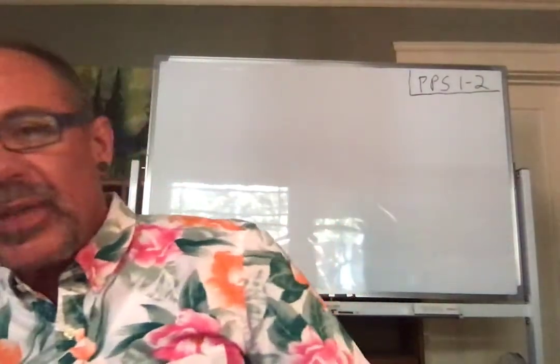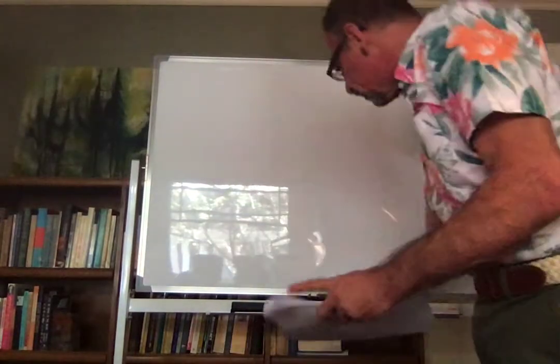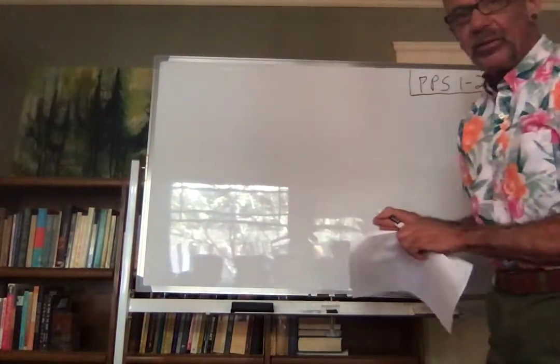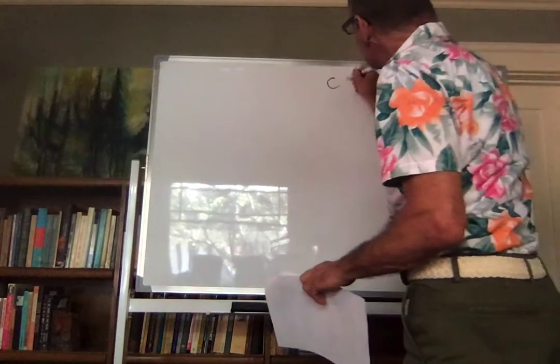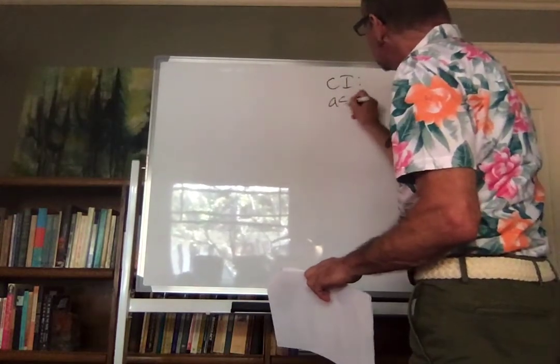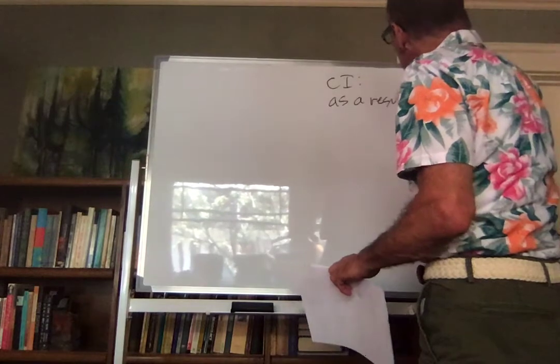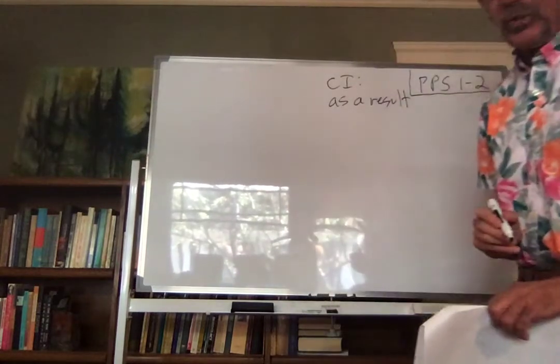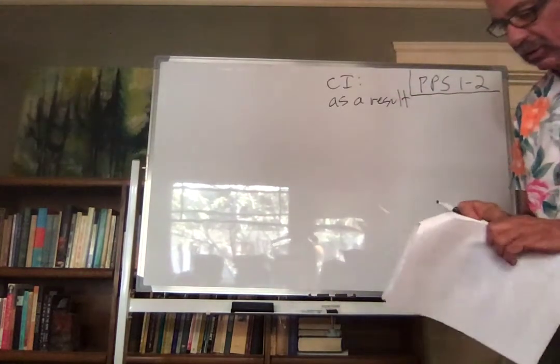Now I want to write on the board for a moment something having to do with introducers that involve the word as. We saw in number 7 that as a result is a phrase that's used to introduce a conclusion.